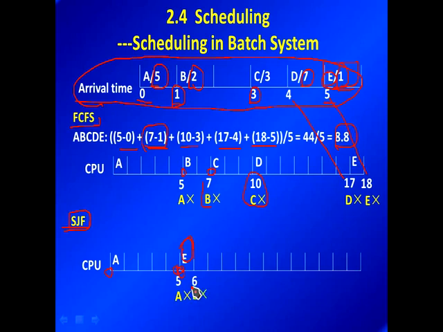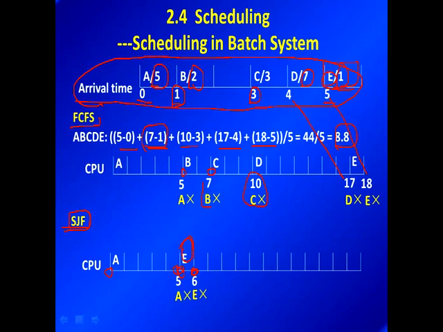So at time 6, E exits the system. And at this time, here is another scheduling time, right? Because the CPU is available again.